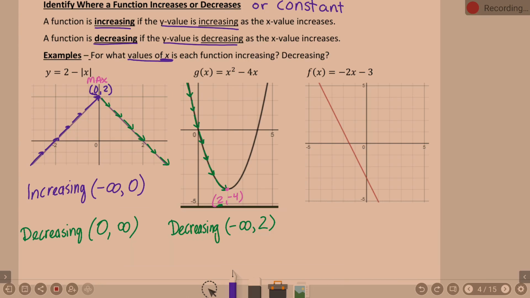Okay. What happens after we cross through that point? Now as I trace this graph, I am moving up. We're increasing.